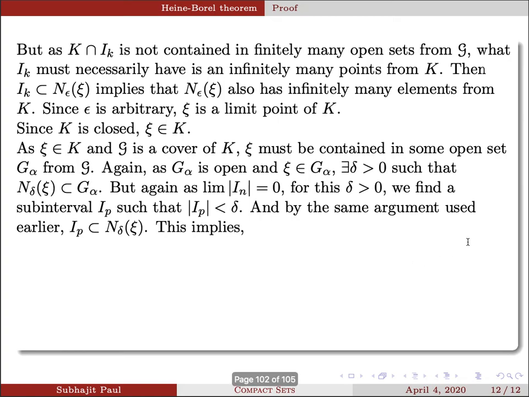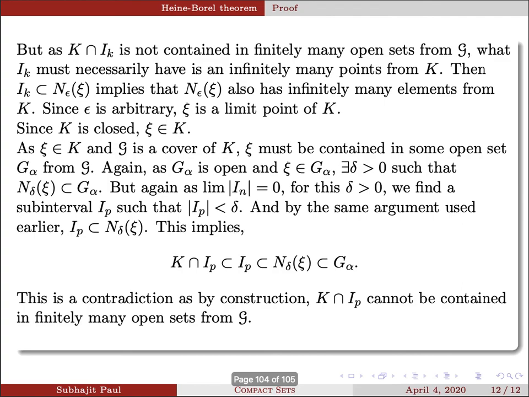Then finally what we get is K intersection Ip, which is definitely a subset of Ip. Ip is a subset of the delta neighborhood of xi, and this is a subset of G alpha. But do you see what is happening here?